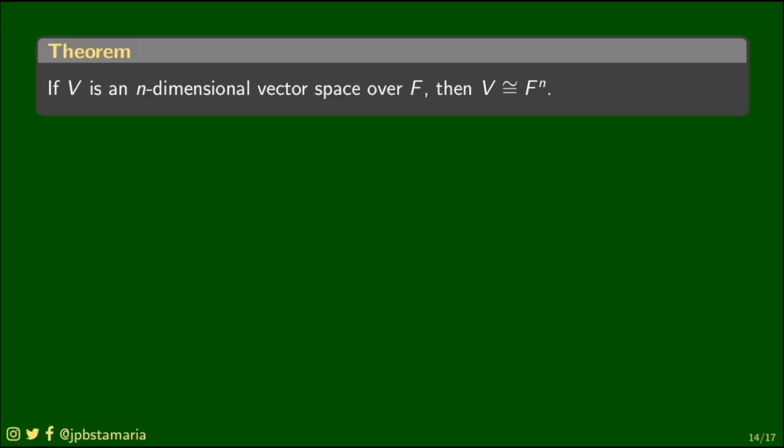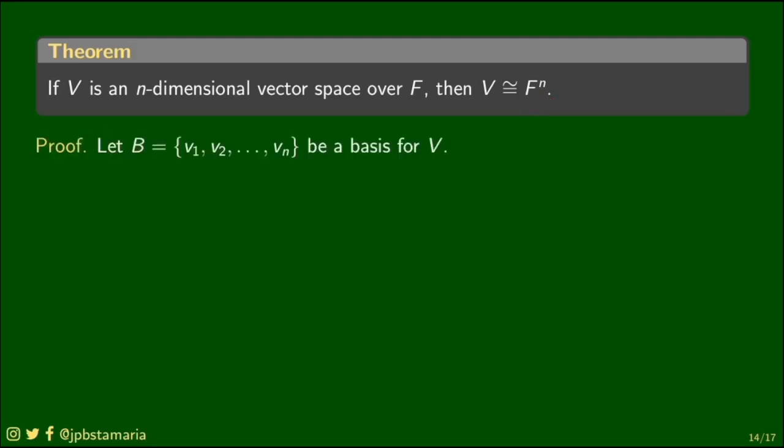So every vector space of dimension n is simply isomorphic to Fn. See how crazy that is? So you don't need to study any other vector space aside from Fn if you want to study an n-dimensional space. Now Fn will just be enough.